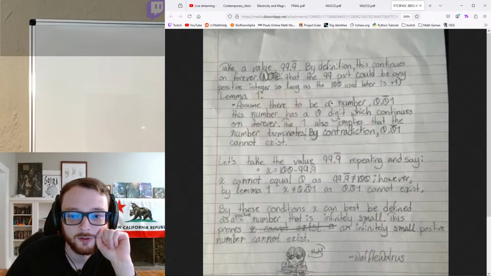So it has to be a number 0 point infinitely many zeros and then a 1. This number has a 0 digit which continues on forever. Okay, yeah, I was about to say that I feel like the existence of a number like this is debatable.